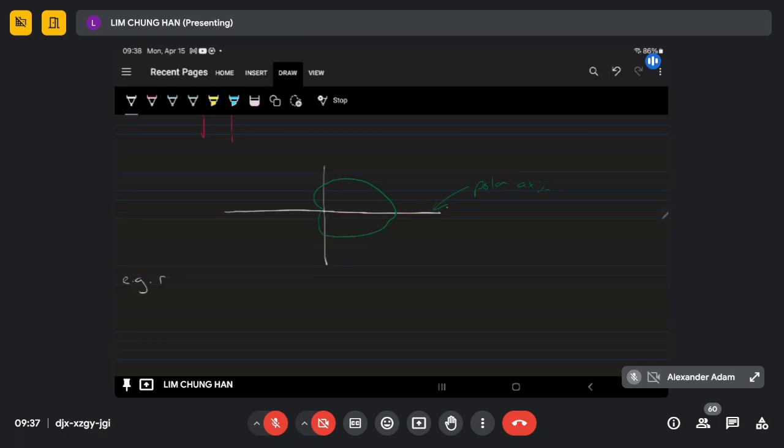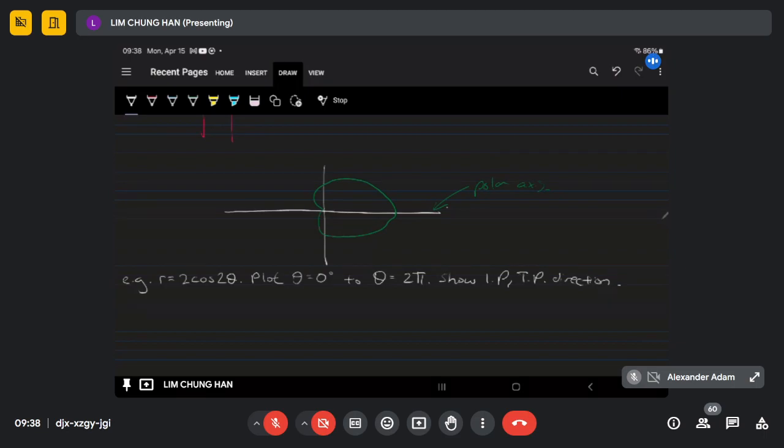So another polar equation. Same question.